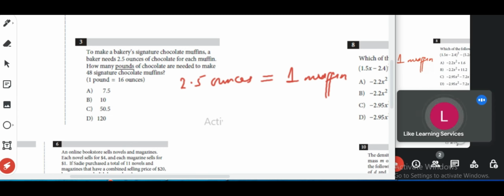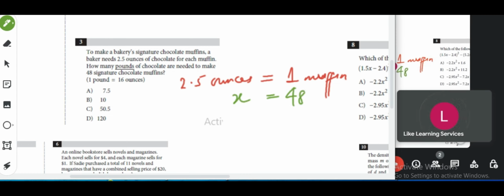Okay, so it says how many pounds of chocolate are needed to make 48 signature chocolate muffins? 48 now. So if 2.5 ounces makes 1 muffin, how many will make 48? 48 will now be what?